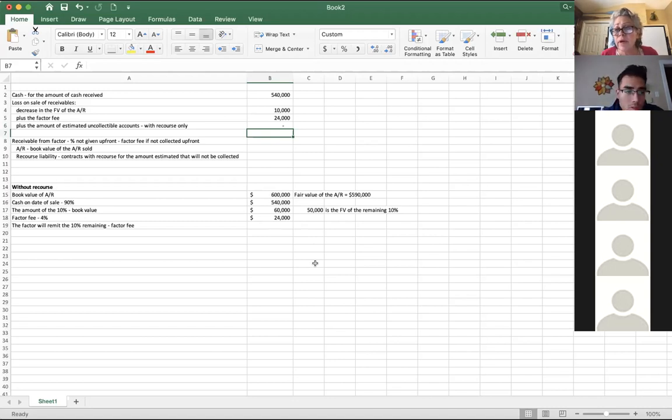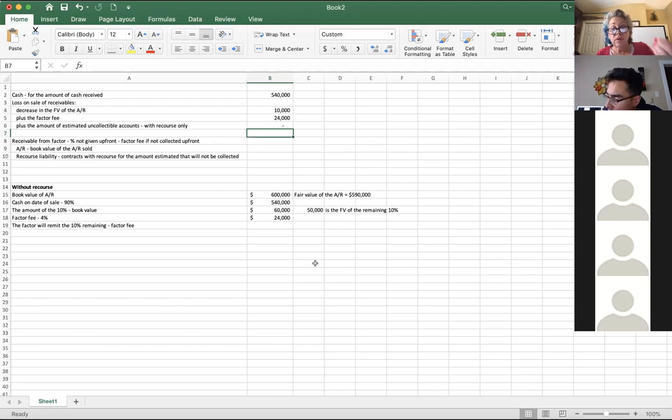Well, I'm not inferring anything. If the book value is 60,000 and the fair value is 50,000, then I know there was a $10,000 decrease, in that the fair value is 10,000 less than the book value.